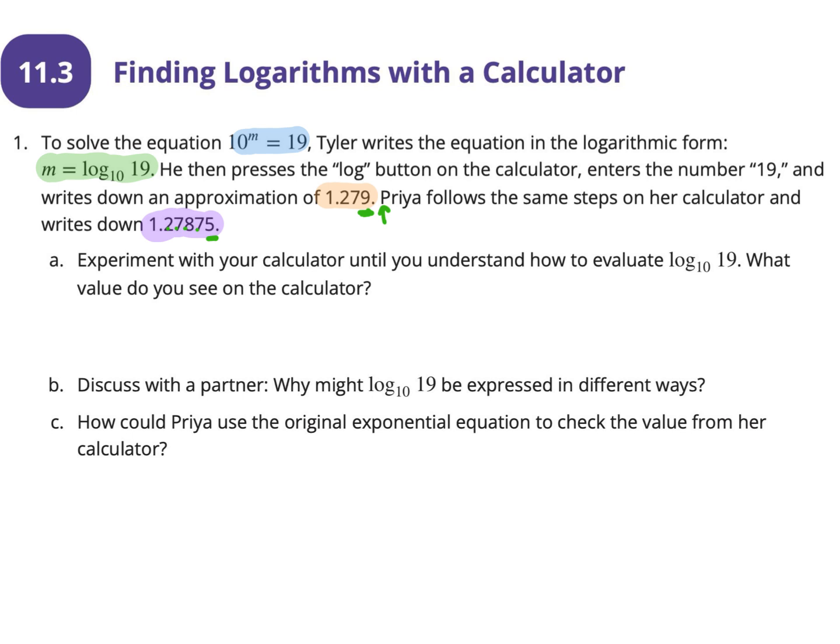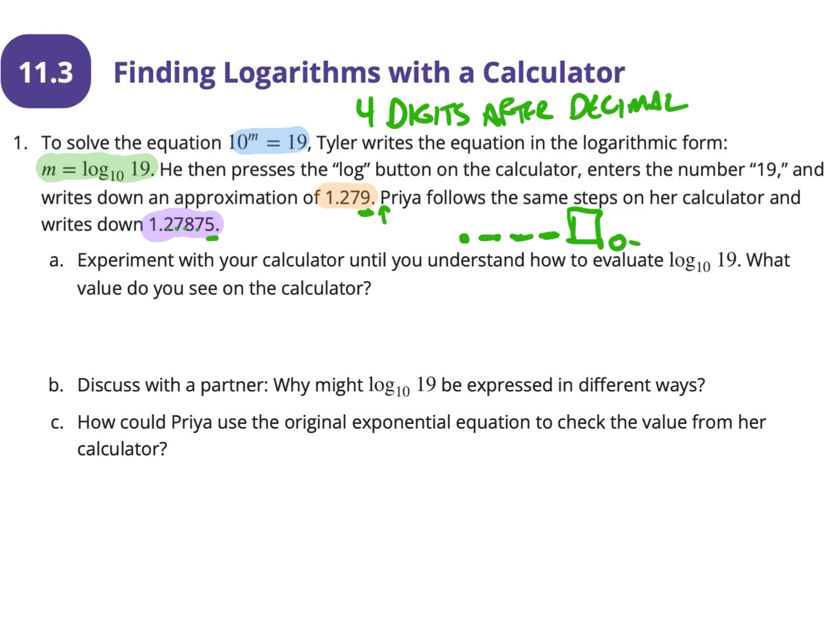If nobody tells you where to round, round to 4 digits after the decimal. So you go 1, 2, 3, 4. This is the number that you round.